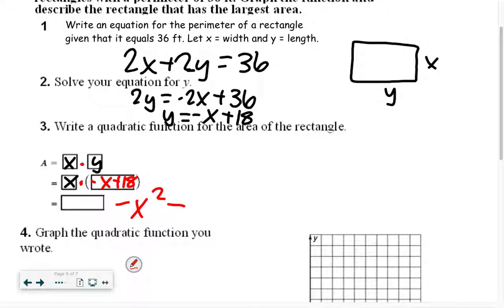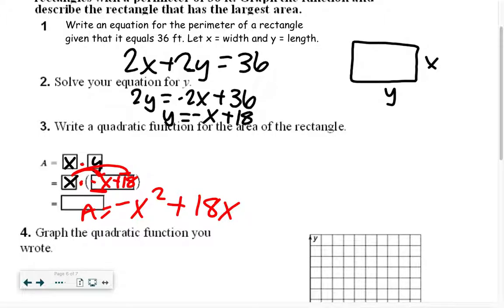How about a positive 18x? The only reason that first one is negative is because this x is negative. We distribute this one. Okay. So we know A equals negative x squared plus 18x, our area formula, all in terms of x, our width.